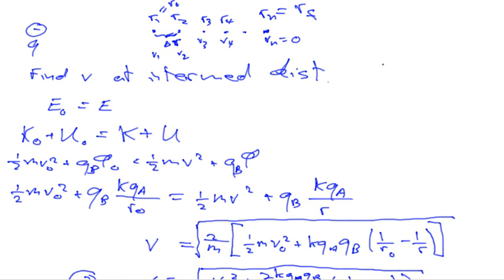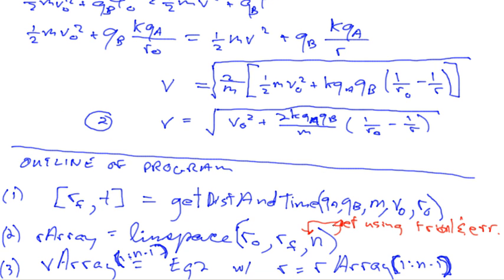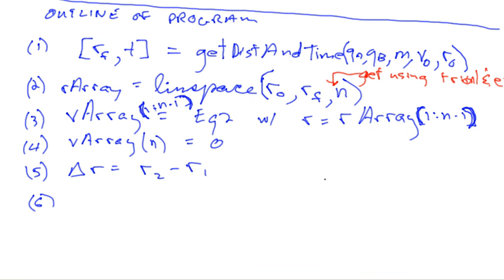So an approximation to the average speed, I'll call it. So I'm going to go T array and this is going to be from 1.